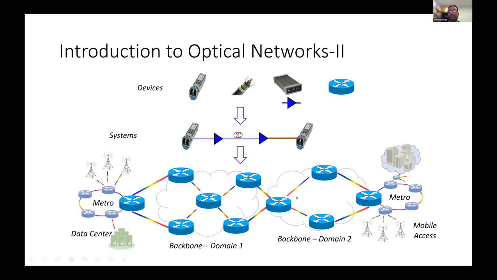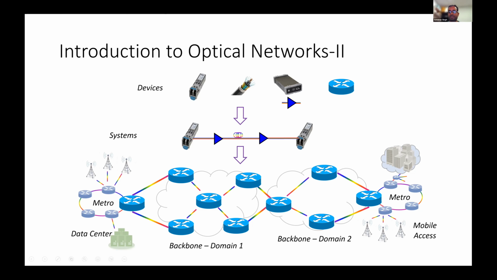So we can even interconnect two different countries through subsea optical cables. And this is the beauty of optical networks, that from any continent to any continent, data can be transferred over optical networks. So the main building blocks of these optical networks are the optical fiber, optical switches, optical amplifiers, and many of these devices.